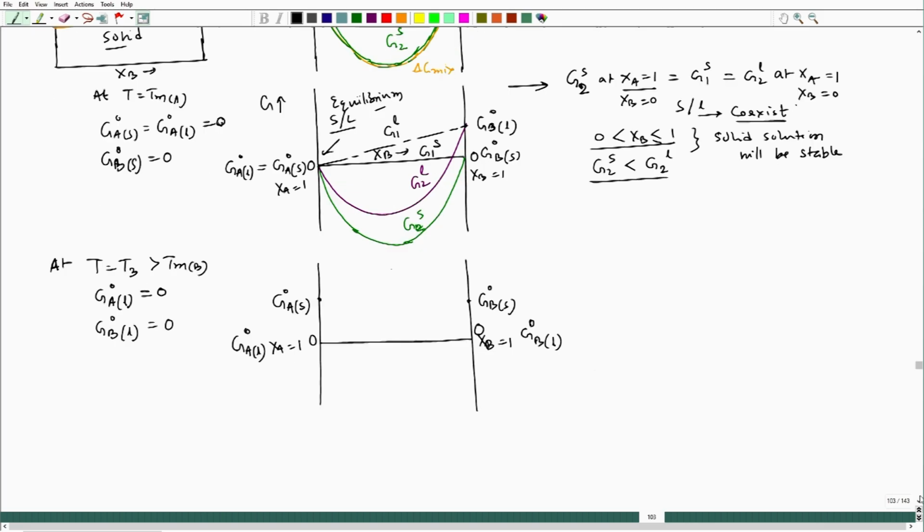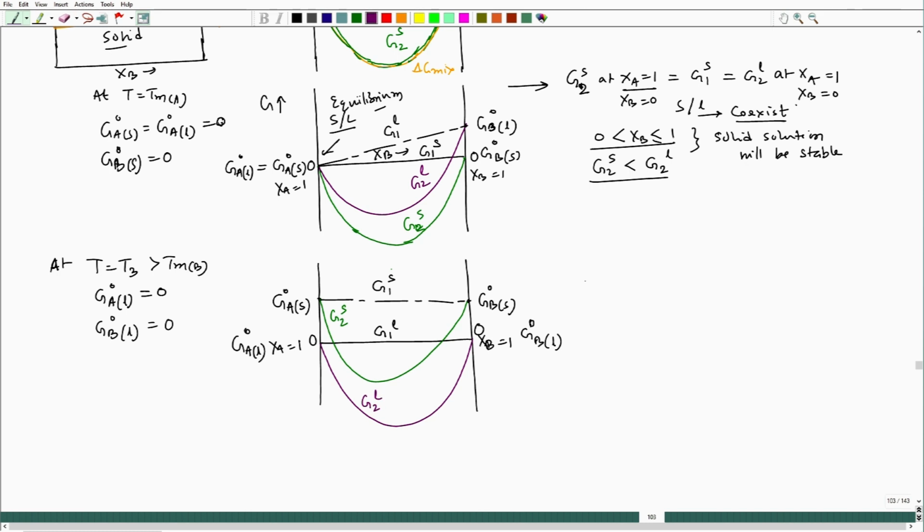Now I can draw those two G2 lines. Here this is G1 solid and this would be G1 liquid. Now if I draw the liquid line, this one, and the solid line would be this one. So this is G2 solid and this one is G2 liquid.